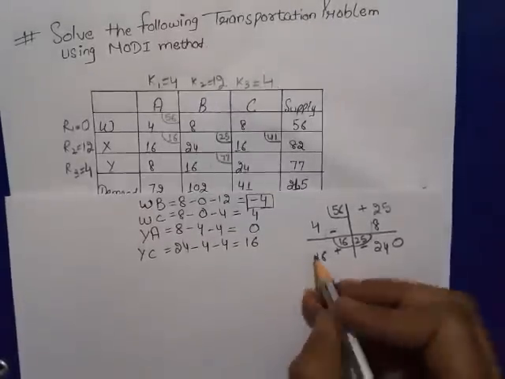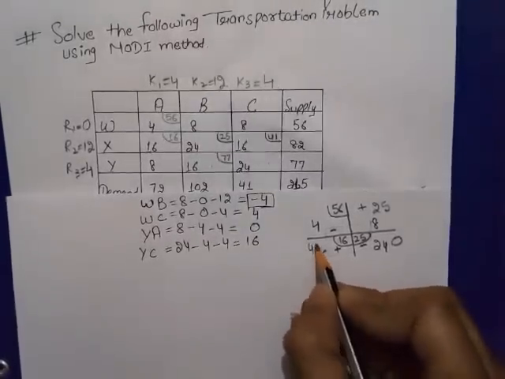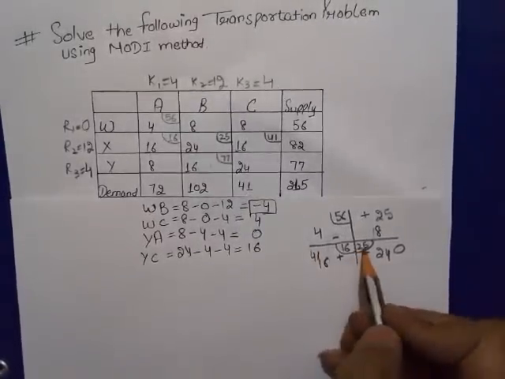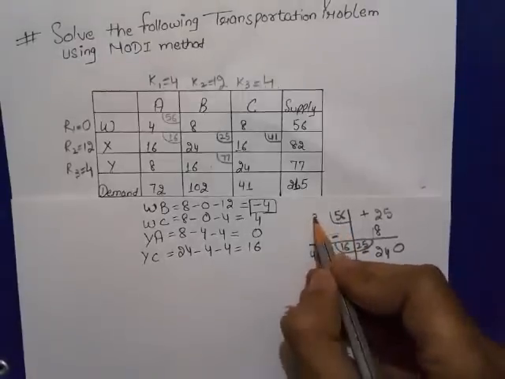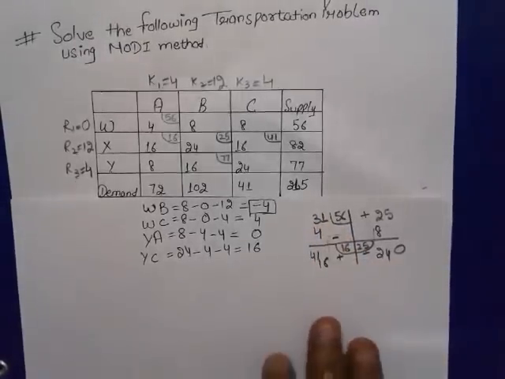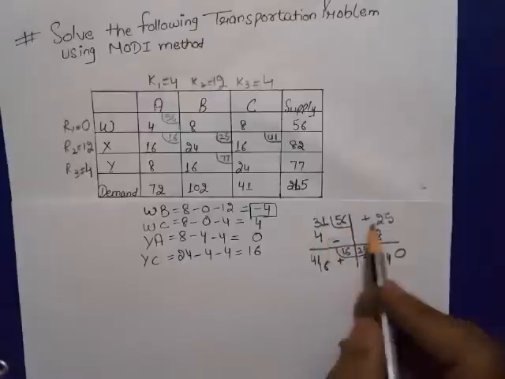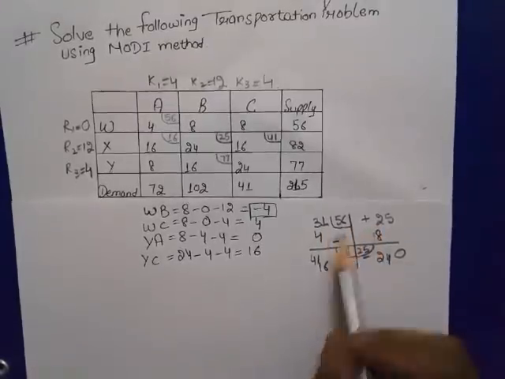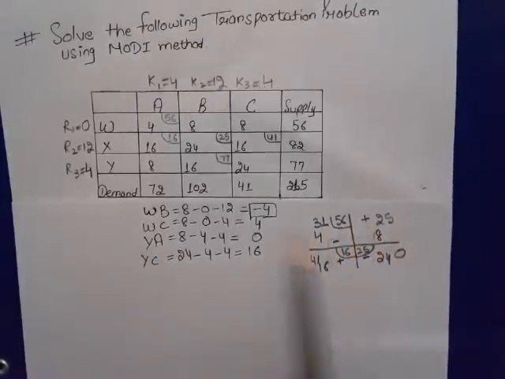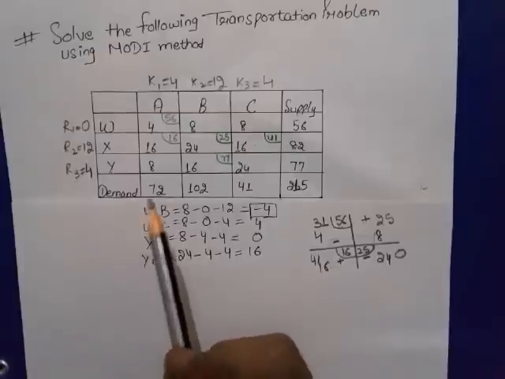So we got 41, 25, minus 56, 31. After calculating the new values, you have to add these values in the respective cells.